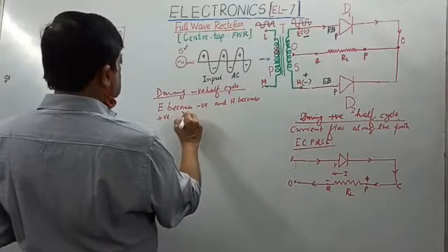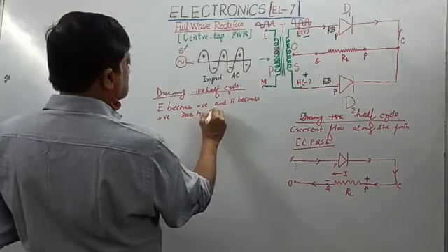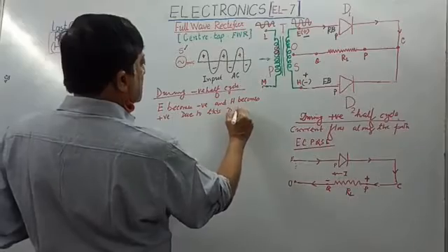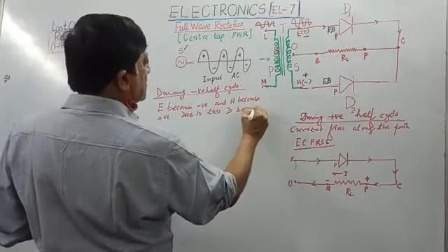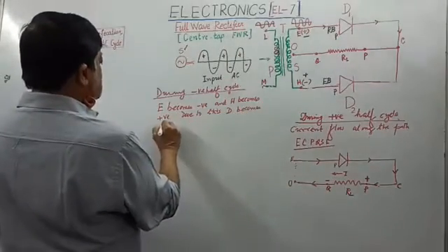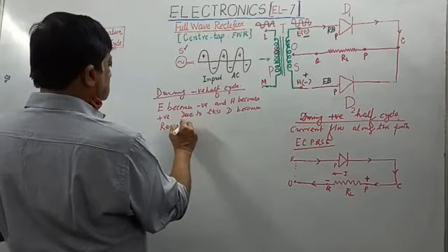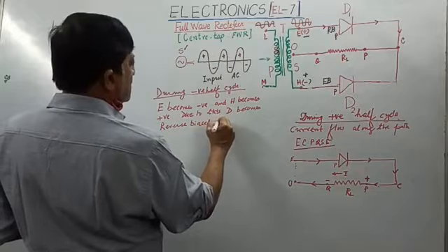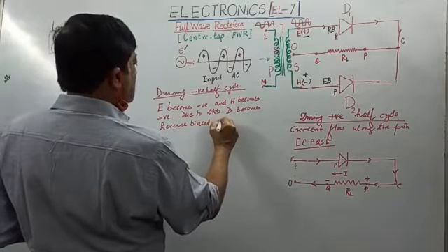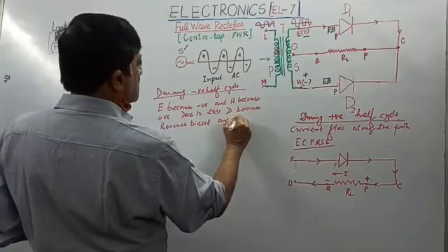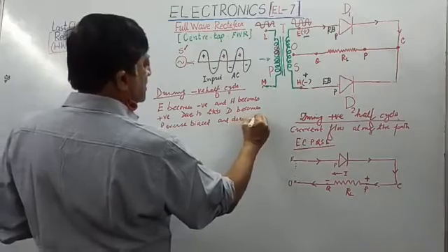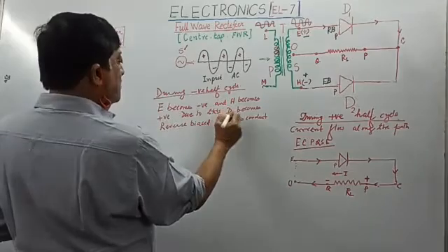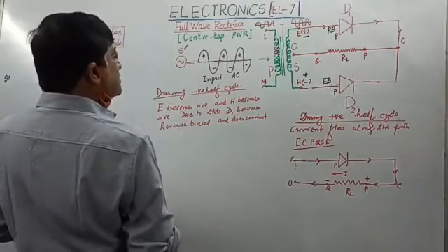Due to this, D1 becomes reverse biased and does not conduct. So during negative half cycle, D1 does not conduct.